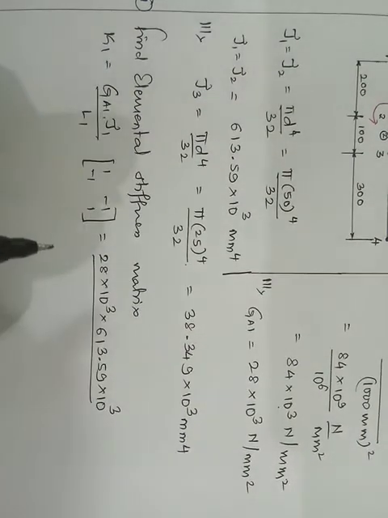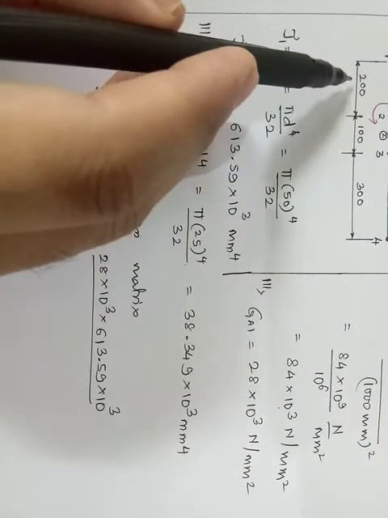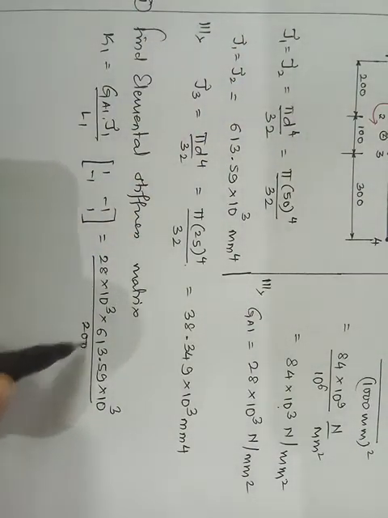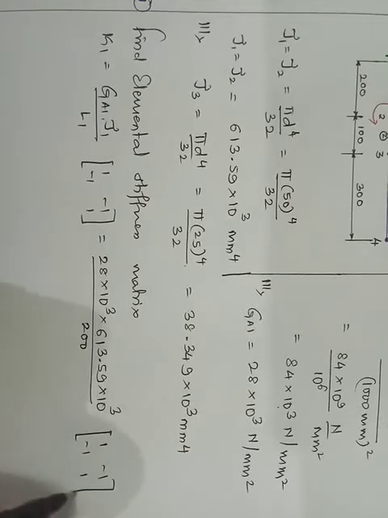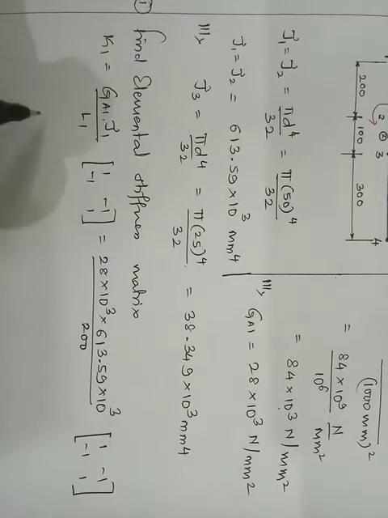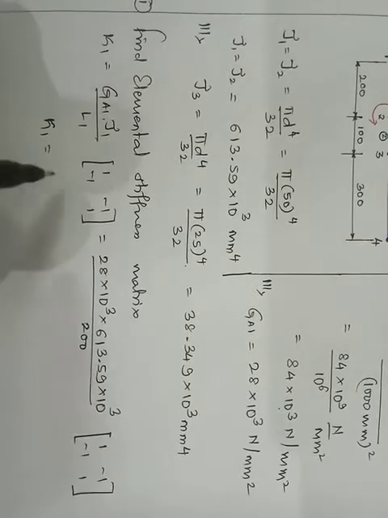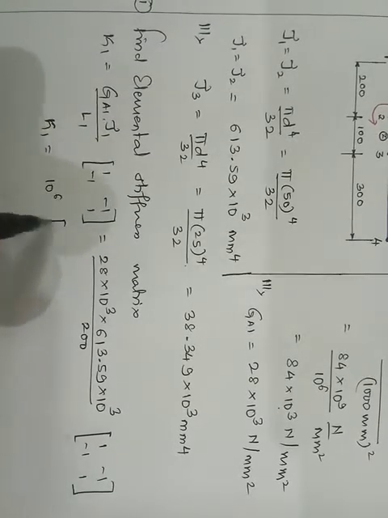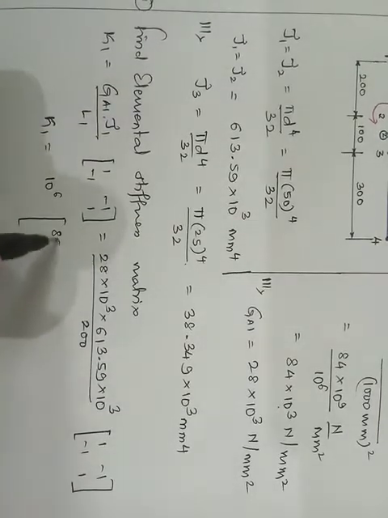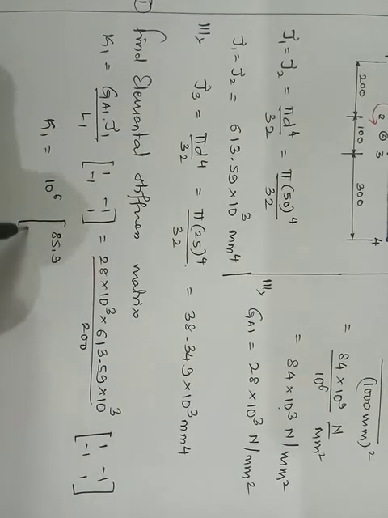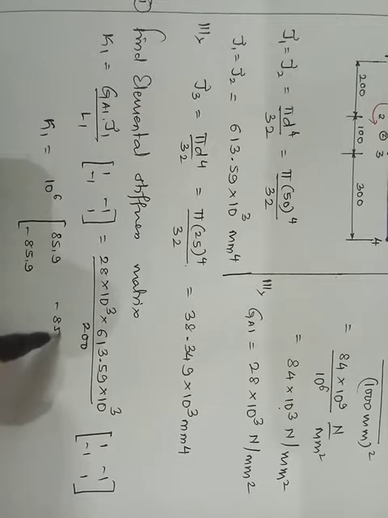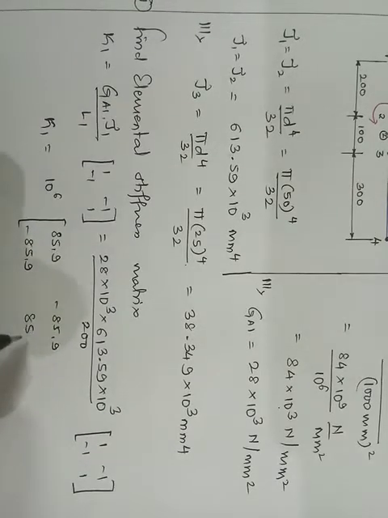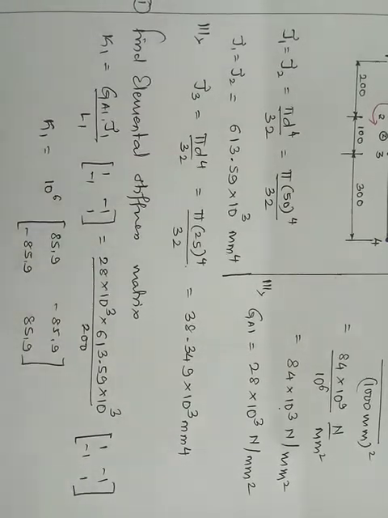Length of first element is 200, right? Keep the matrix as it is. If you simplify, K1 comes out to be 10 raised to 6 times 85.9 minus 85.9, minus 85.9 and 85.9.